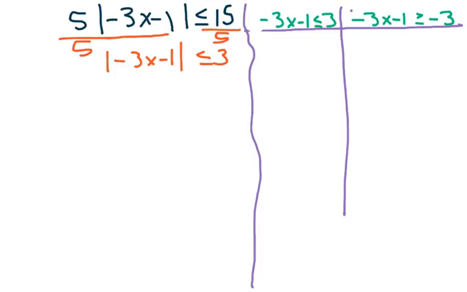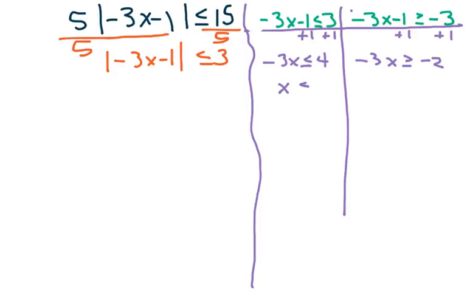You're going to solve for x by adding 1 to both sides of the inequality. So you get negative 3x is less than or equal to 4, and negative 3x is greater than or equal to negative 2. Divide both sides by negative 3.